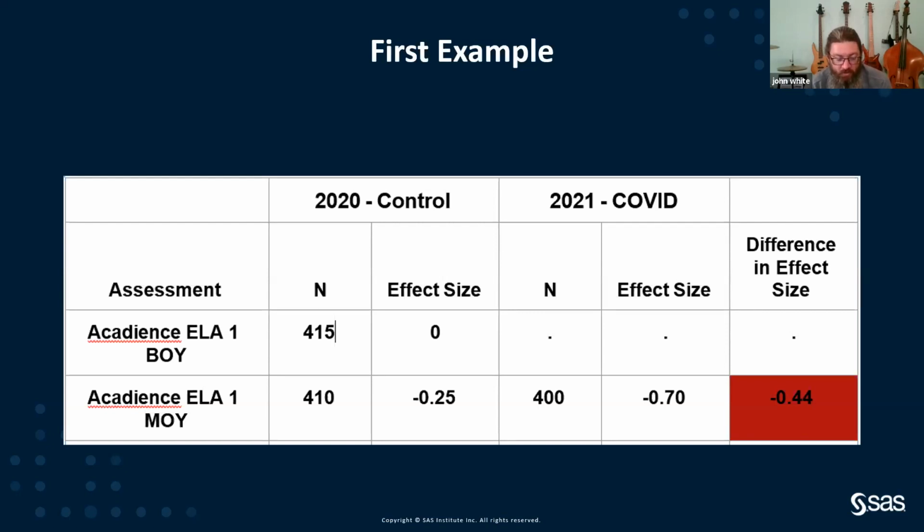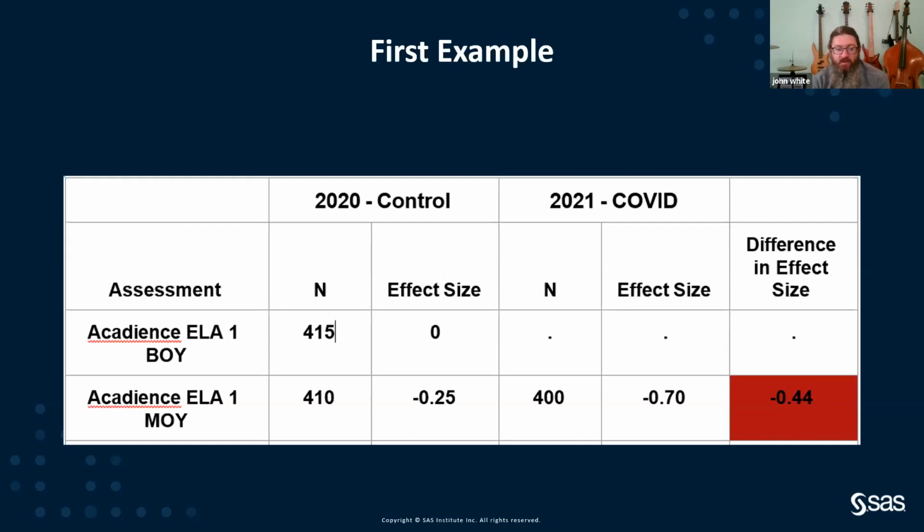Regardless, there was data missing so that we couldn't create an expected score, or there were no observed scores for the ELA grade 1 beginning of year test takers from the 2021 school year. And so in that case, you do not see an effect size for that particular record.